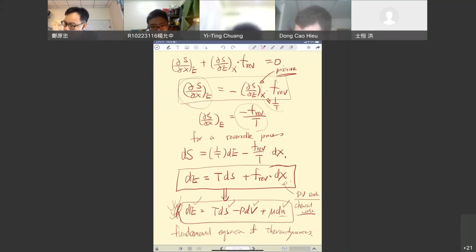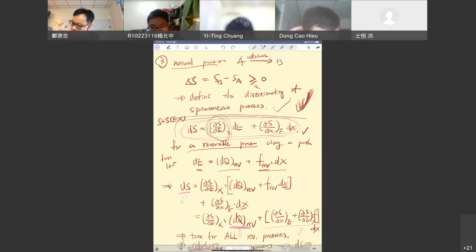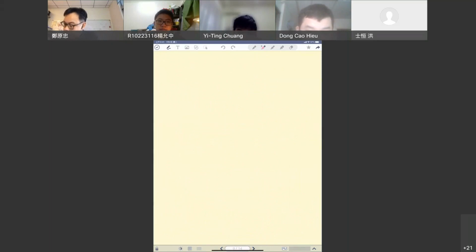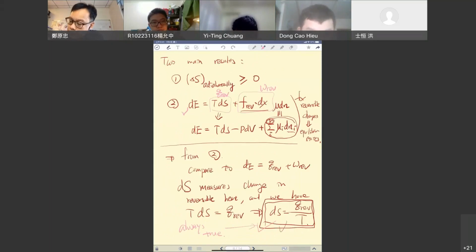Actually, when we derived this, we said, okay, it's adiabatic, so this term goes to 0. But after we obtain this equation, we know that this applies to all processes, not just adiabatic processes.